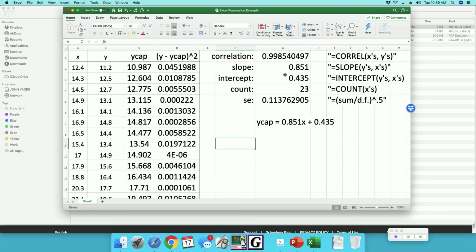I'll give you this Excel sheet as you go through the video, so you can repeat it with your data. And then I'm going to provide you data on cricket chirps versus temperature, and you have to come up with correlation, slope, intercept, count, and standard error.